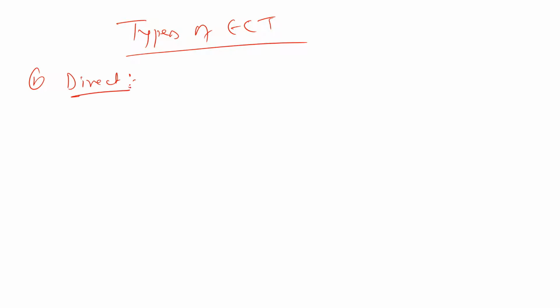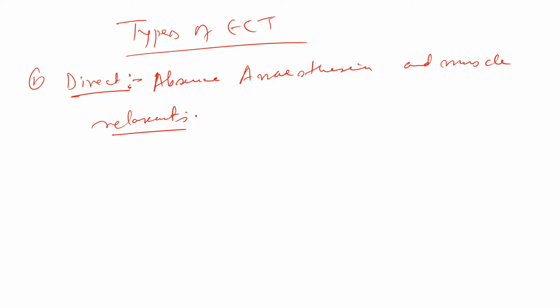How many types of ECT are there? Types of ECT. ECT is of two types, one which is direct. Direct ECT was done in the absence of anesthesia and muscle relaxants, and nowadays direct ECT is not used anymore.